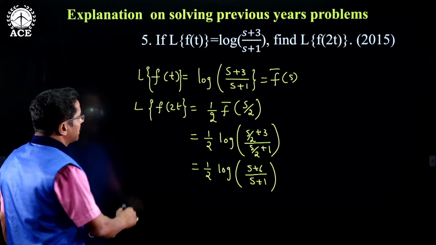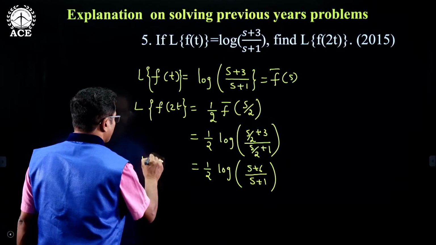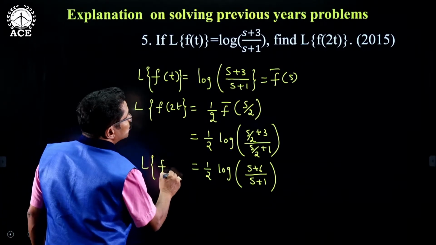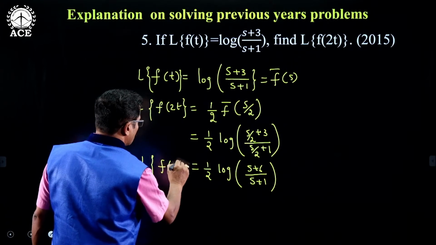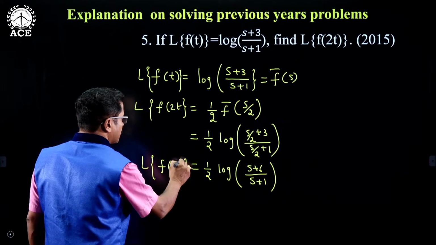Okay, so this is L of f of 2t, which was asked in 2015 in university examinations for short answers.